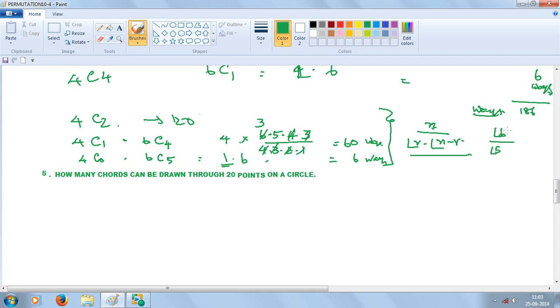Factorial 5 will go, only 6 will remain. Then factorial n minus r, where n is 6 and r is 5, is factorial 1, which is 1. So the answer is 6 ways.